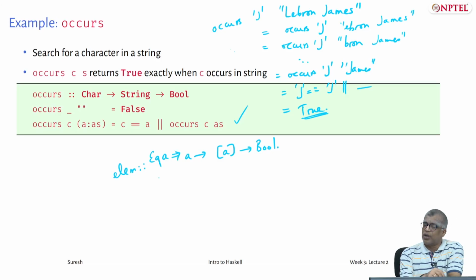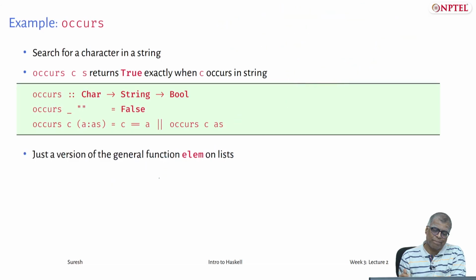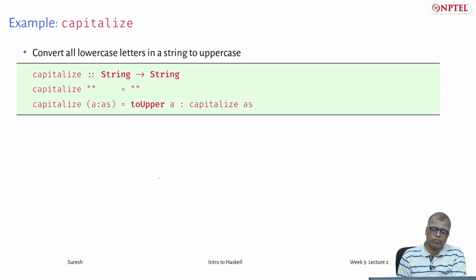We will talk about type classes later in a couple of lectures, don't worry about it. So just to tell you that occurs is just a very specific instance of the elem function. Elem checks whether a value is an element of a list. Okay, so that is occurs.